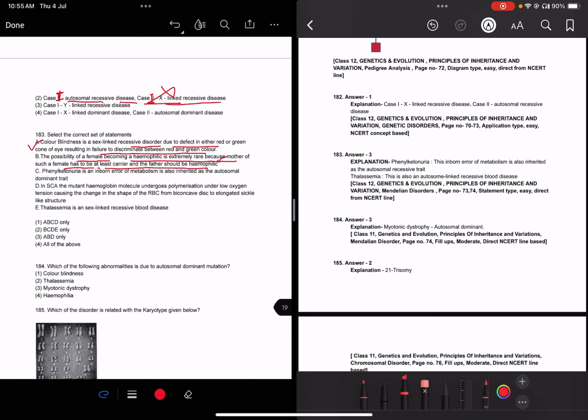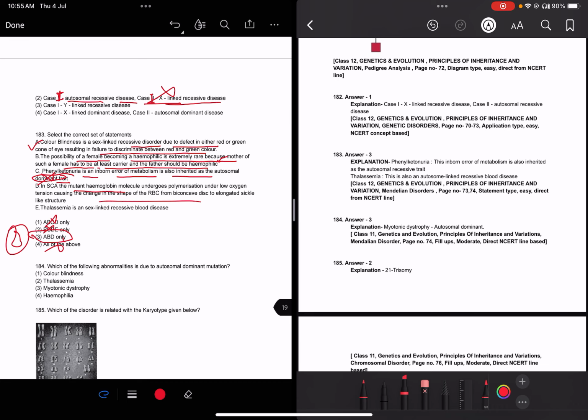Absolutely correct. C: Phenylketonuria, an inborn error of metabolism, is also inherited as an autosomal dominant trait. Is phenylketonuria autosomal recessive or autosomal dominant? Autosomal recessive. So C is wrong. Answer is 3 only.